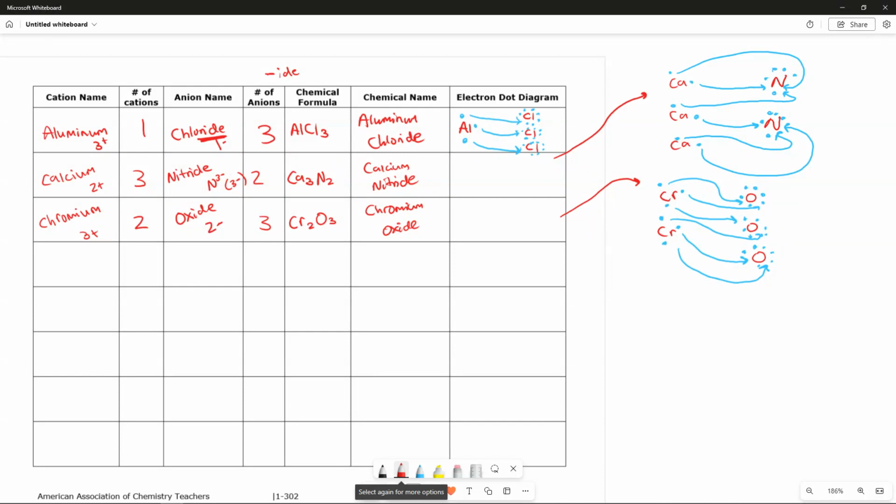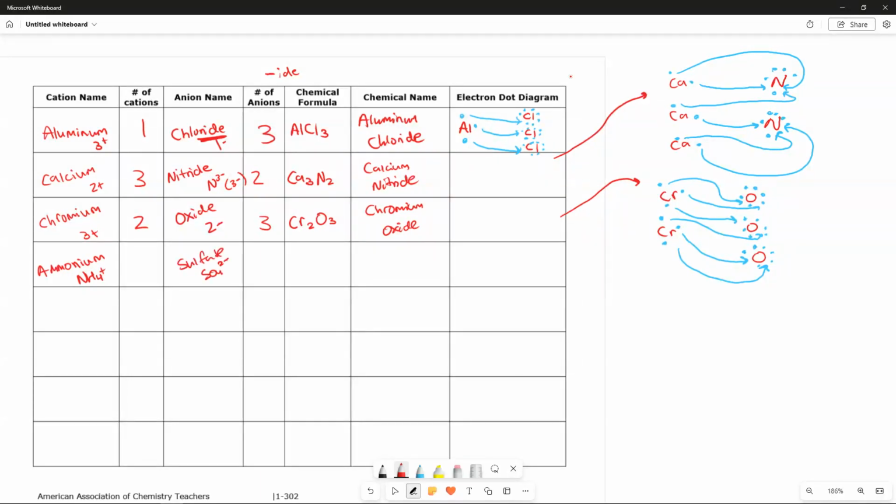Moving on to ammonium. Ammonium, do not confuse this with ammonia. Ammonium's NH4+. Alright, and for the anion, we're going to do sulfate. Sulfate is SO4 2-.